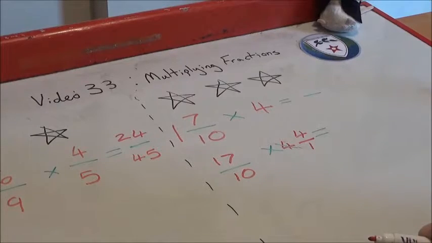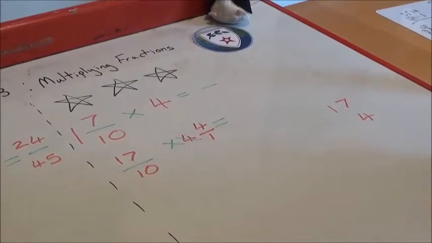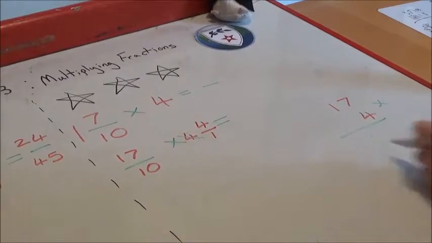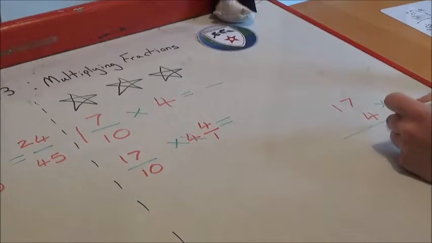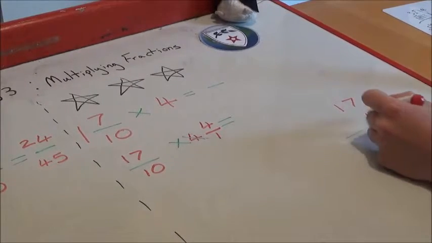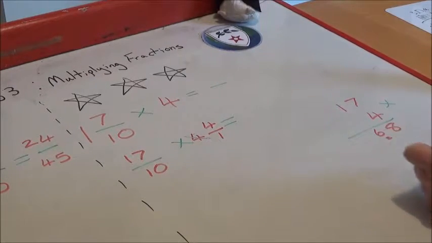That's quite tricky. I'm not necessarily sure that I do that in my head, so I'm going to use a bit of our previous knowledge and multiply them in a long multiplication calculation. 7 times 4 is 28. 4 times 1 in this case is 4, add 2, 6.